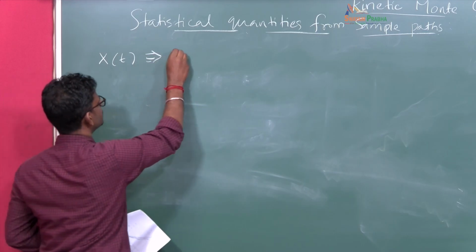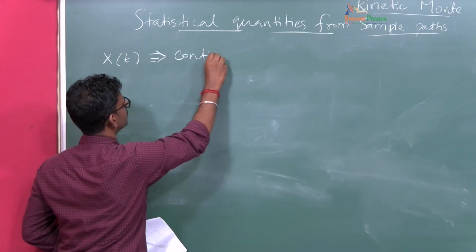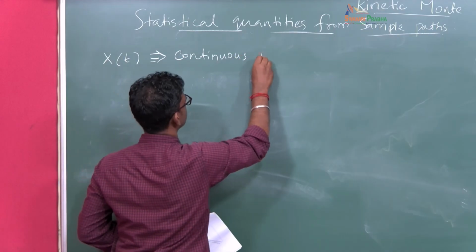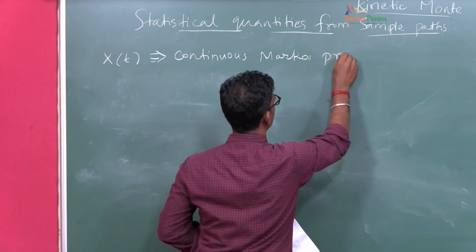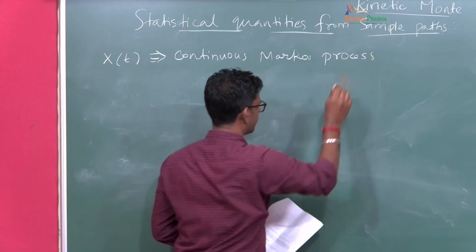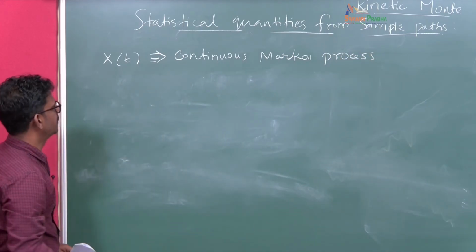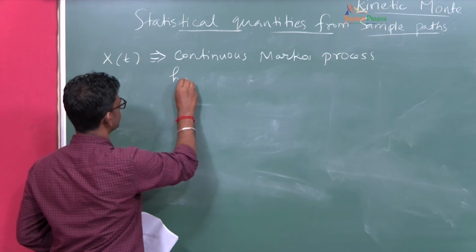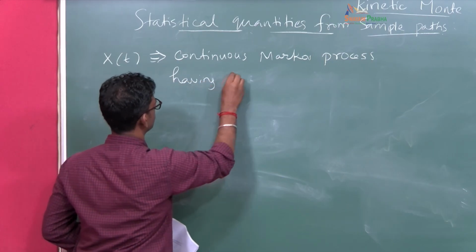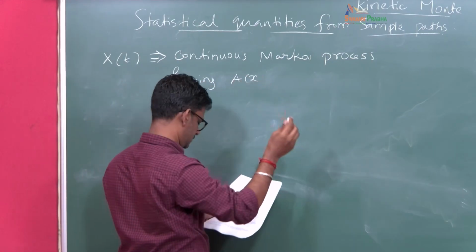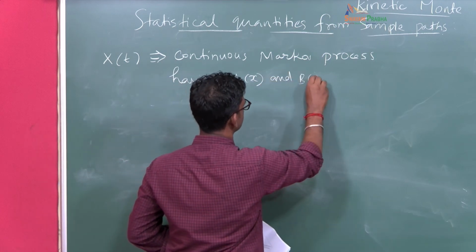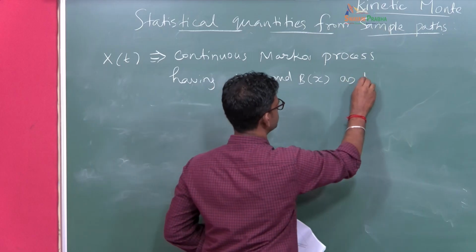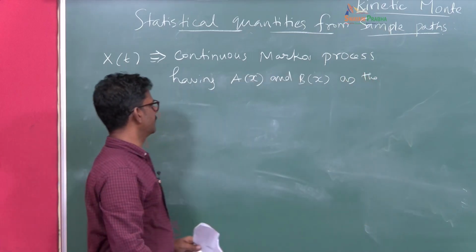This is a continuous Markov process, having E of x and B of x as the characteristic functions.